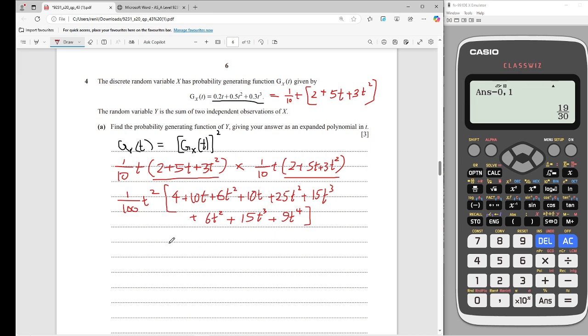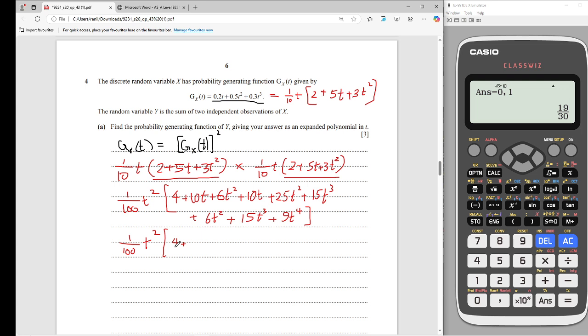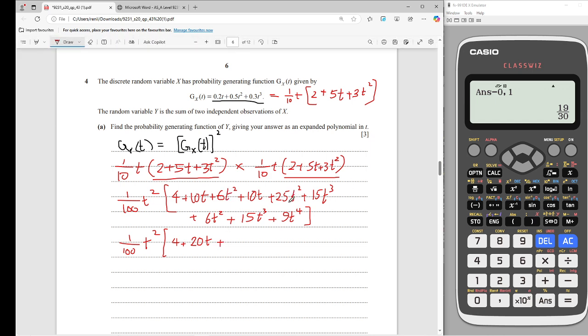Now we just need to simplify each of these. We get 1 over 100 t squared multiplied by our integer value, which is 4. The coefficient of t is going to be 10 plus 10, which is 20. So 20t plus the coefficient of t squared, which is 6 plus 25 plus 6, which is 37.